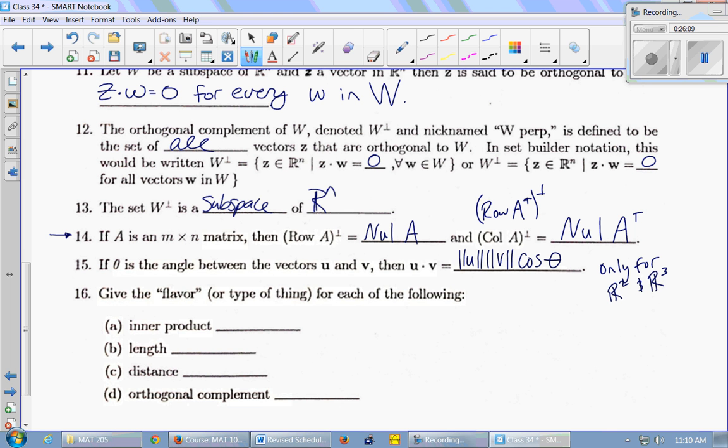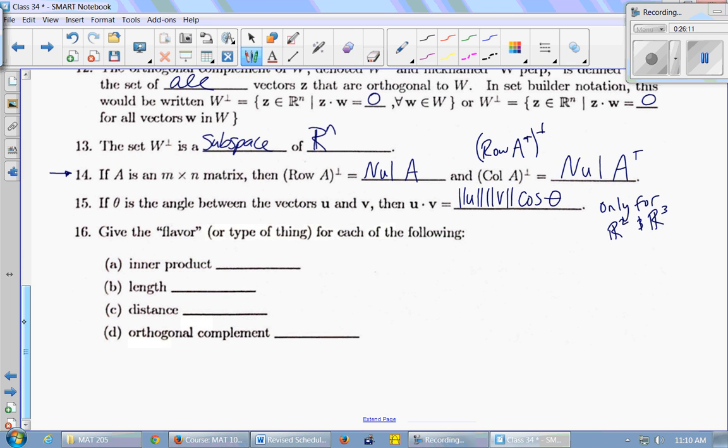All right, so let's think about what type of thing each of these is. Is it a number? Is it a vector? Is it a vector space? Is it a linear combination? Number or scalar? Yep. So inner product is a scalar, or plain old number, right? And length is also a scalar.